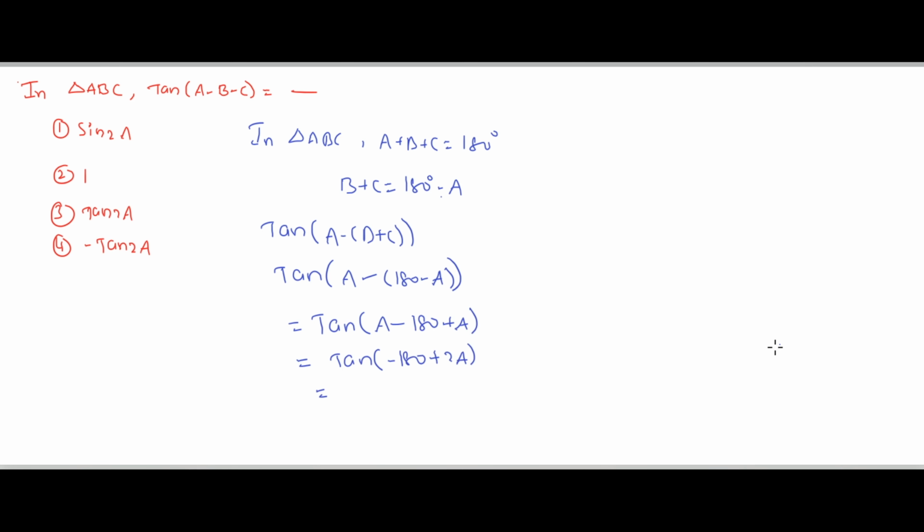Take minus common, tan of minus of 180 minus 2A. That is equal to minus tan of 180 degrees minus 2A.